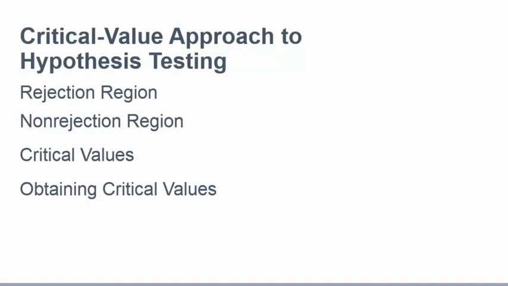Critical values, value or values of the test statistic that separate the rejection and non-rejection regions. Obtaining critical values. The critical value must be chosen so that, if the null hypothesis is true, the probability is alpha that the test statistic will fall in the rejection region.